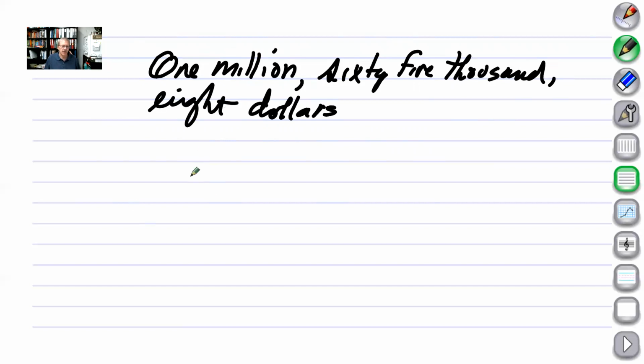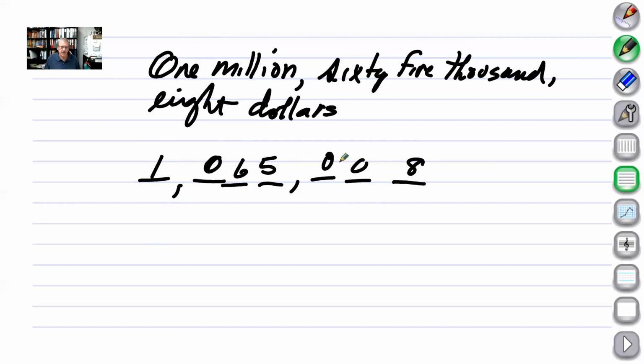So 1 million. Let's take a look at this, kind of like a hangman type game. We got the dollars here, and then we got the thousands, and then we got the millions. So you had 1 million. You had 65,000, so that goes in here, but we need something for the hundreds, so we'll put a 0. And then we got $8, so that would go all the way over here in the units place, but we don't have any hundreds or tens.